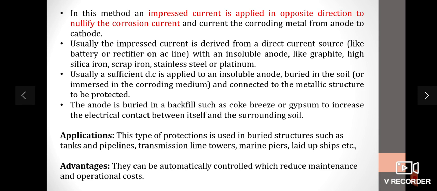See, whenever there are two metals, one metal acts as anode and another metal acts as cathode, and if there is an electrolyte, you can say water or moisture, a cell will be created. So when two metals are there in presence of electrolyte, it creates a cell.